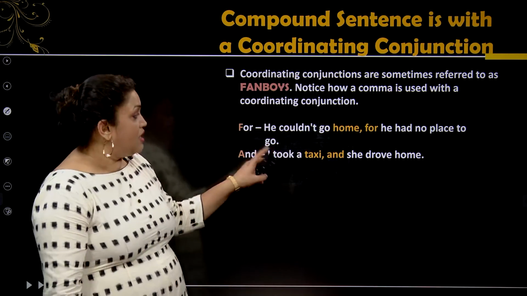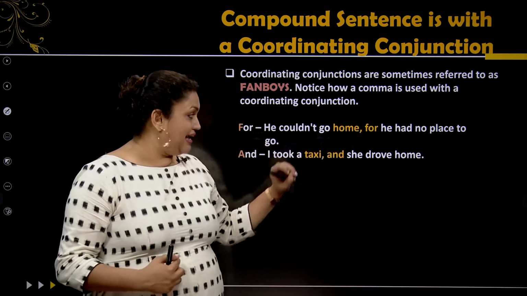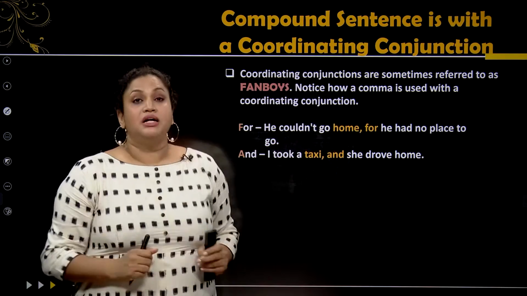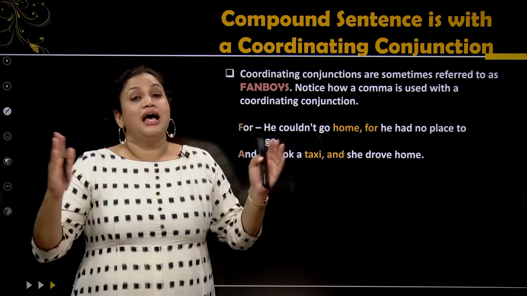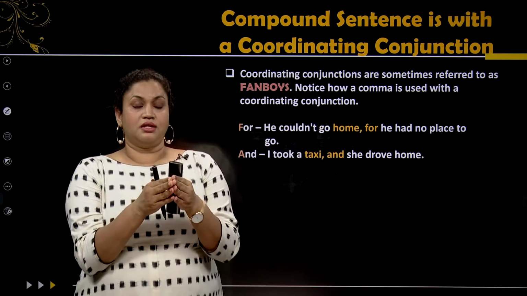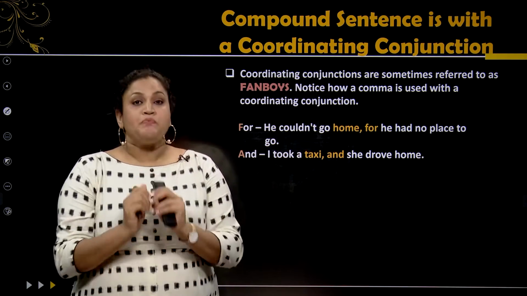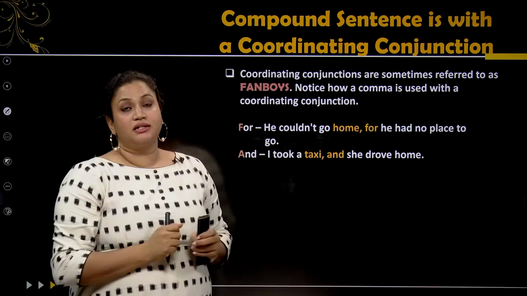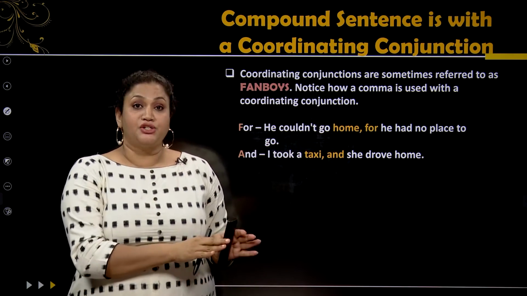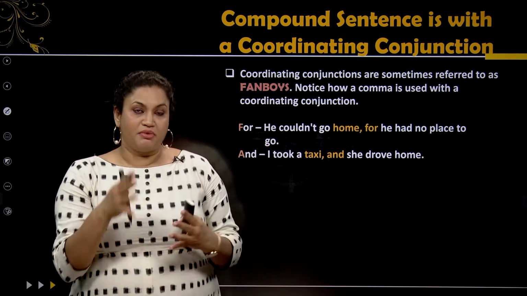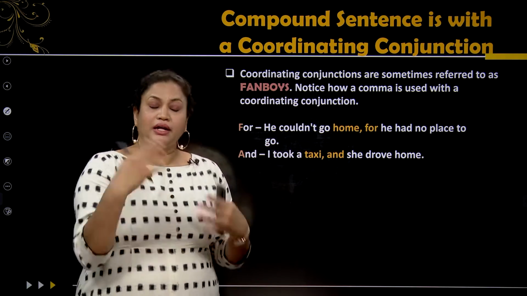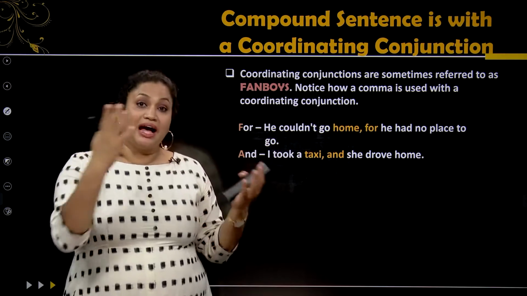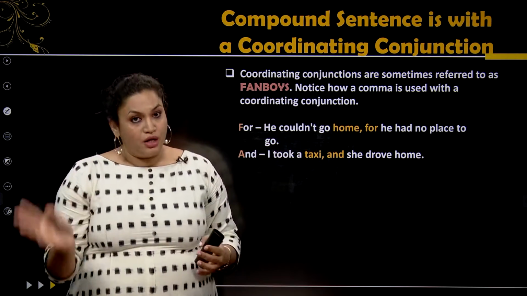Now when I'm using this, "she drove home" is one independent sentence. "I took a taxi" is one independent sentence. I'm joining these two sentences using a comma and an "and." With a compound sentence using FANBOYS, I should be using a comma in the American way of writing. There is a slight difference between the American way of using grammar and the British way.